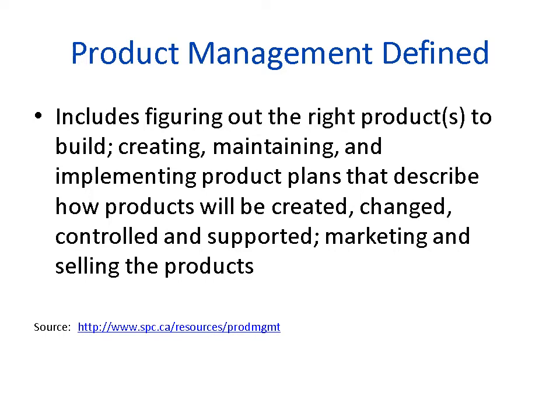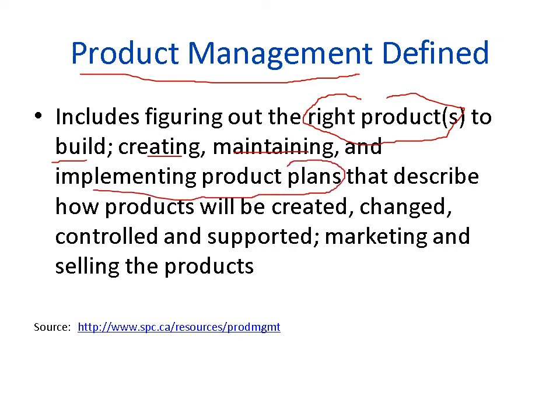Let us try to dissect this product management. It says here that product management includes the right products or products that you have to build, create, maintain, and implement the product plans.